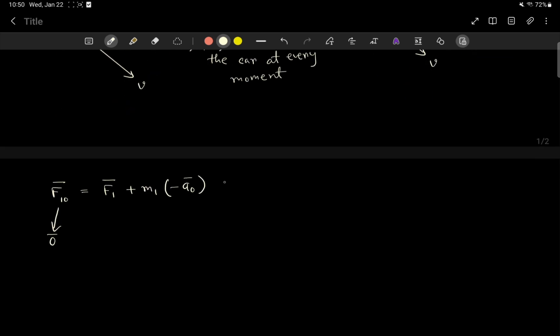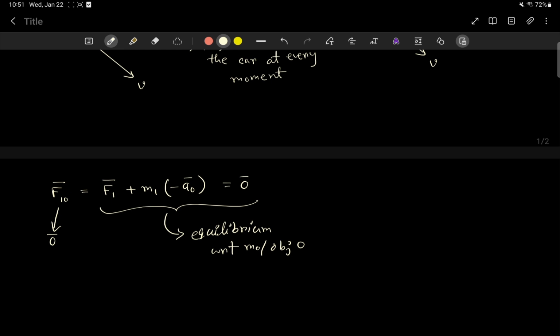If this is equal to 0, this is an equilibrium condition. So with respect to object 0, the car is in equilibrium, and you can apply the equilibrium condition on this.